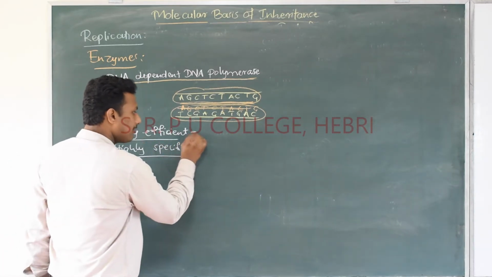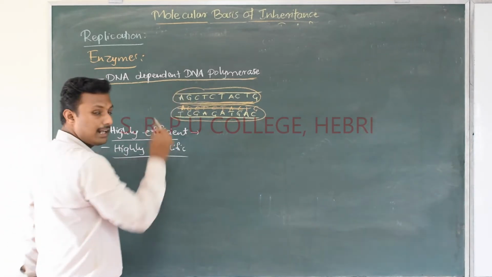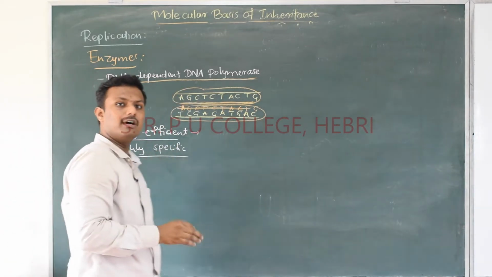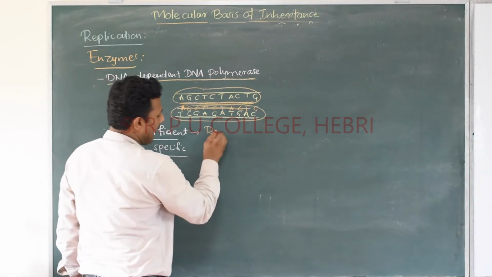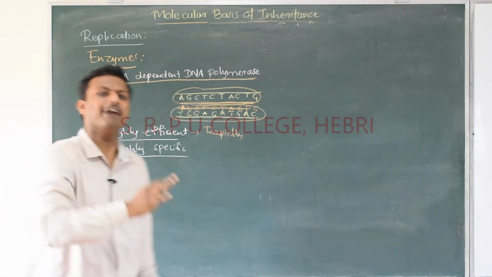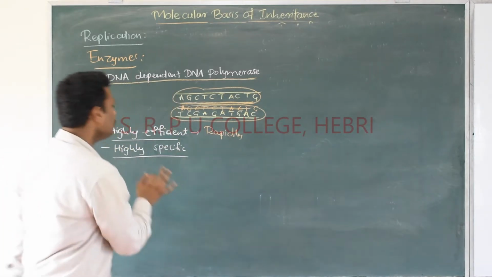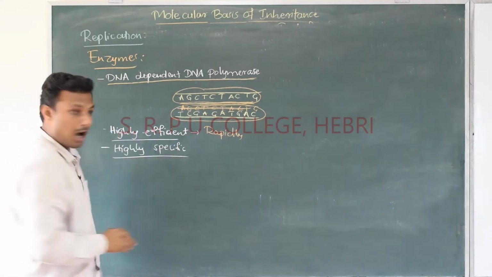See, highly efficient means here this DNA dependent DNA polymerase works very rapidly, but in a very confined way. Even though it works very fast, it will be very specific. How specific?